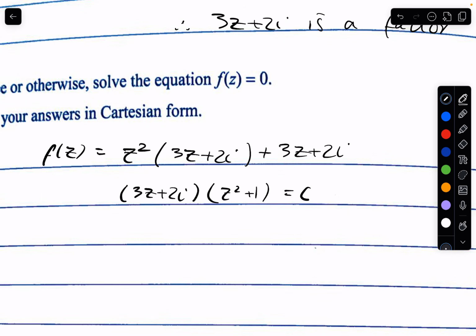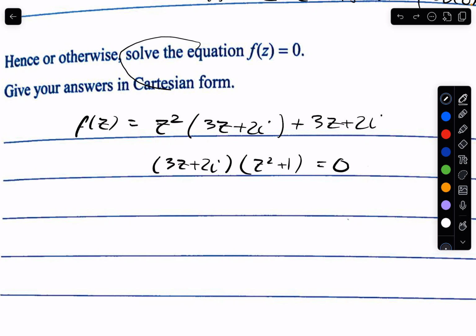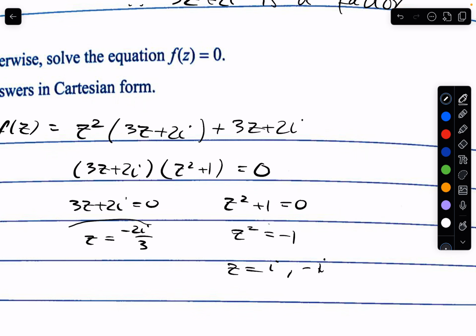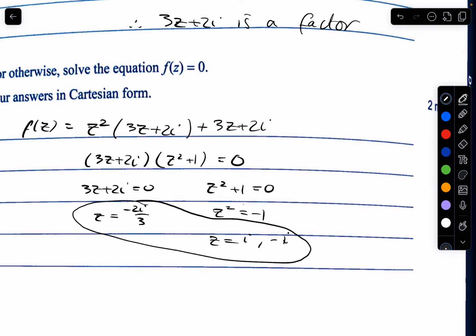And if we solve, that's equal to 0. It says solve the equation, so you still need to give this. So you can say that 3z plus 2i is equal to 0, or z is equal to negative 2i on 3, or z squared plus 1 is equal to 0, z squared is equal to negative 1, z is equal to i or negative i. So those are the three solutions.